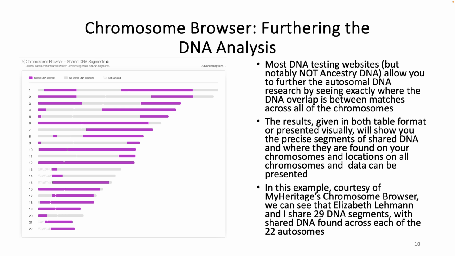So you can see the total amount of shared DNA, but we can really go further with the analysis and see where along your chromosomes you share DNA with DNA matches.